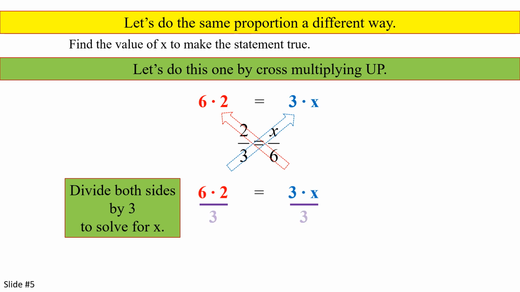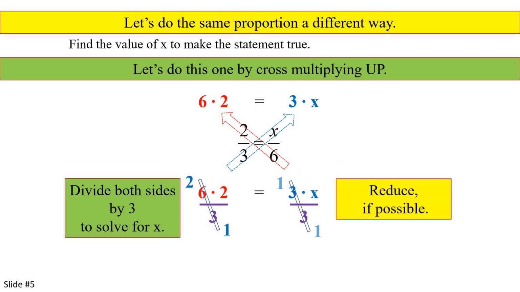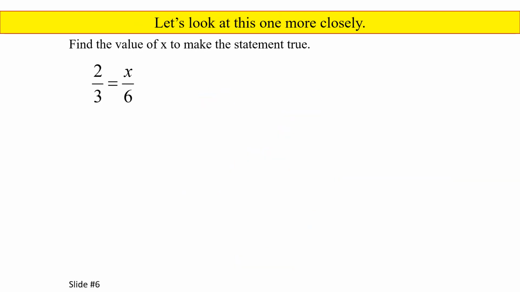Now, if we divide both sides by 3 in order to get the x by itself, we end up with x equals 4, which is the same value we got when we were just converting the denominators.